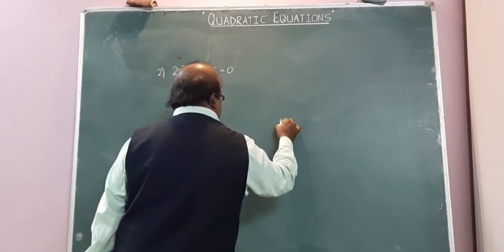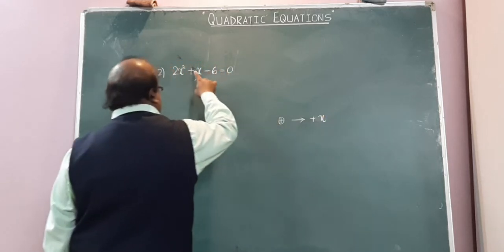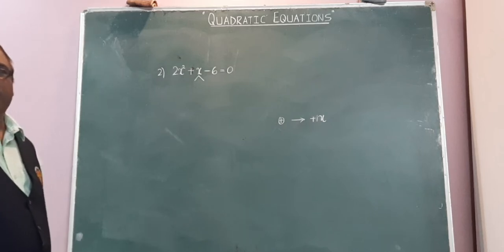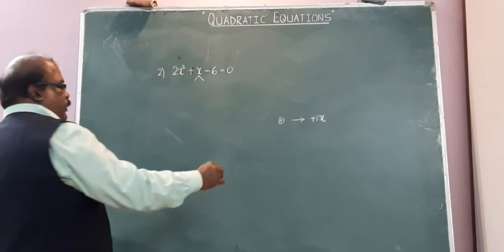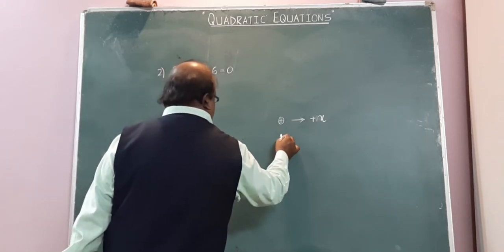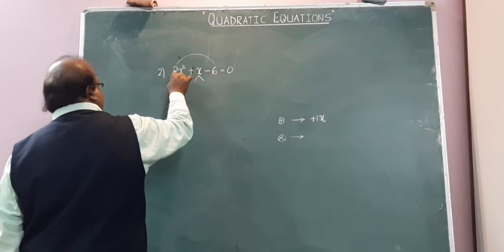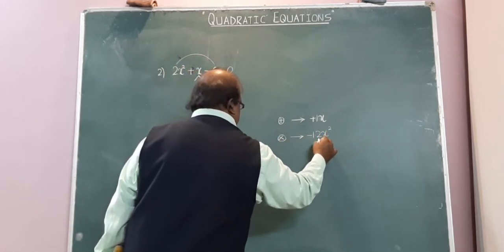On adding, I should get the middle term. The middle term is plus 1x. No number means 1. On multiplying, I should get the product of the extremes. What is the product of the extremes? Minus 6 into 2, minus 12x squared.